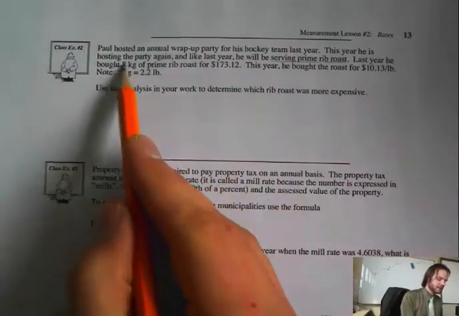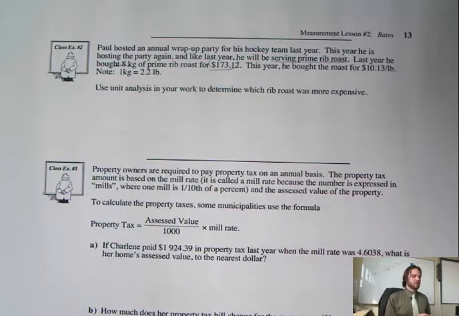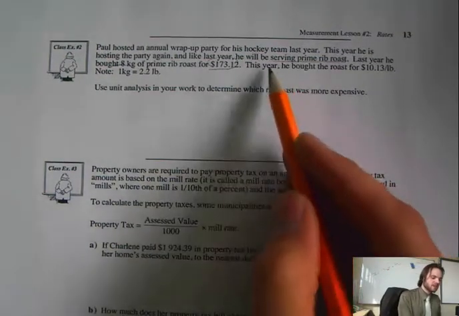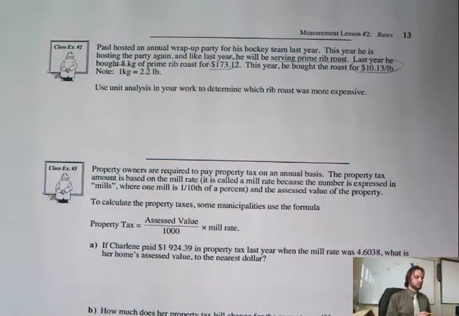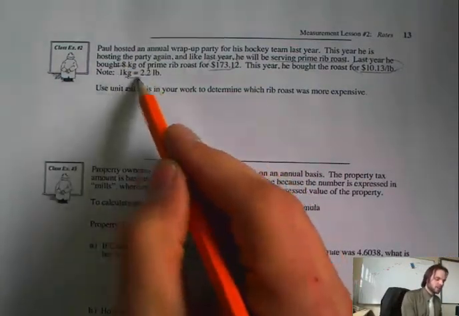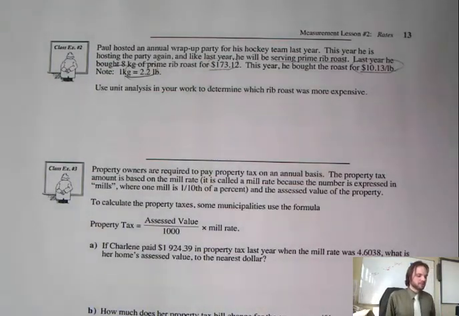Last year, he bought 8 kilograms of prime rib roast for $173.12. This year, he bought the roast at $10.13 per pound. Now, 1 kilogram equals 2.2 pounds. So which one here did he get a better deal on? So which roast is more expensive? Which one's cheaper? Let's find that out.